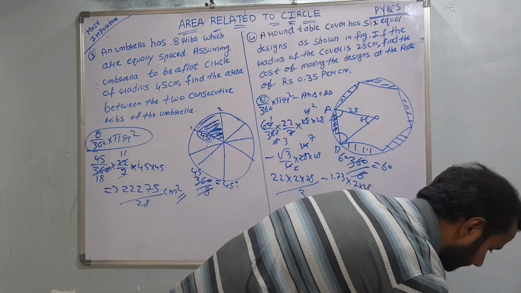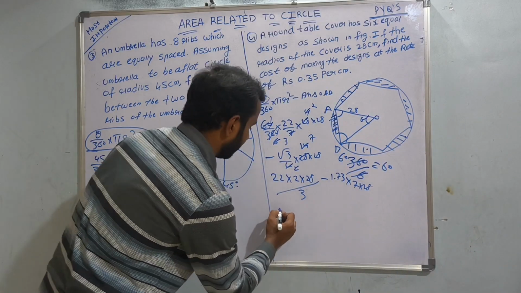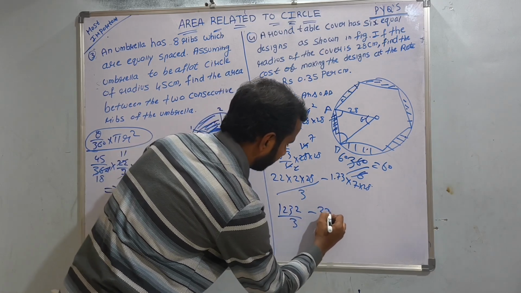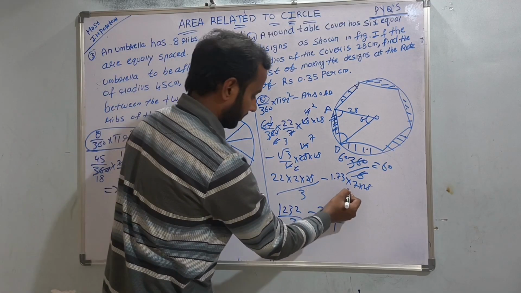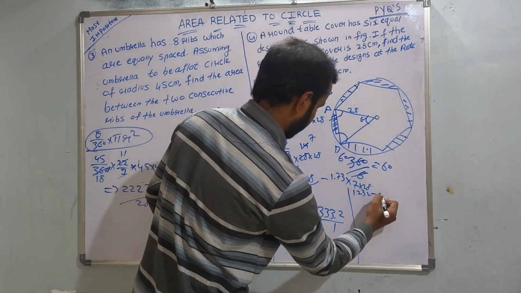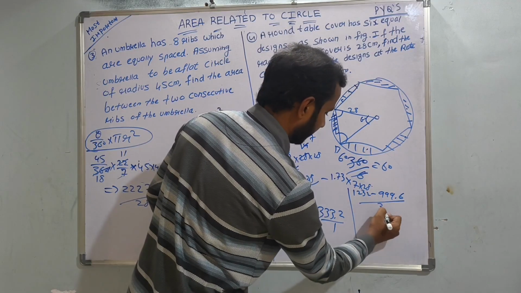After calculation, 1232 divided by 3 minus 333.2 divided by 1. Now LCM will be 3, then 1232 minus 999.6 divided by 3.